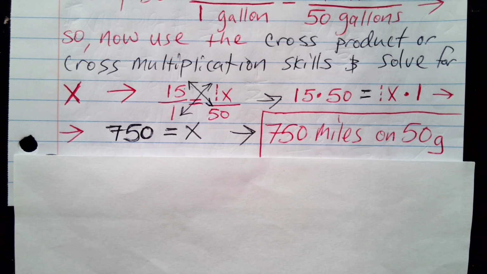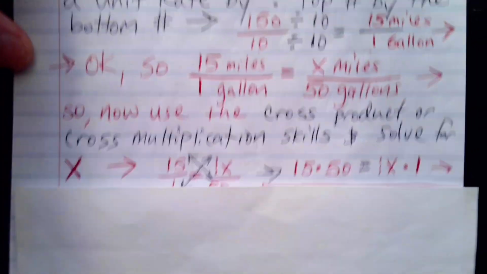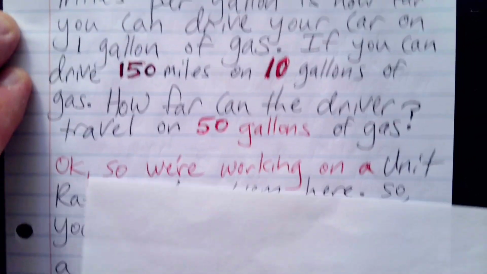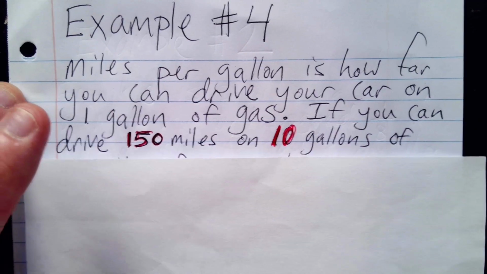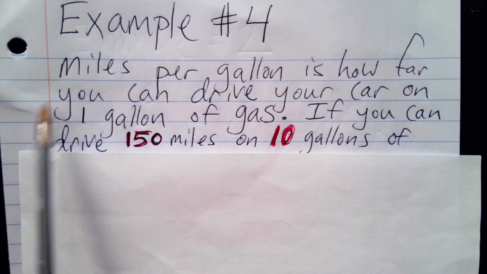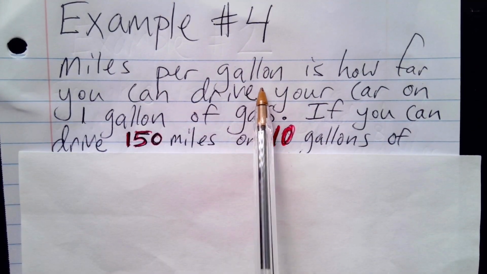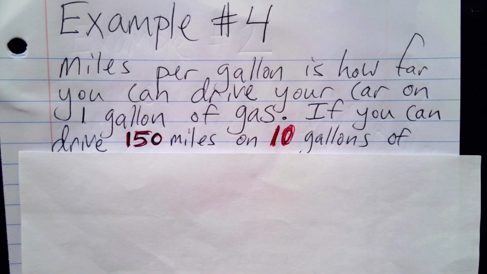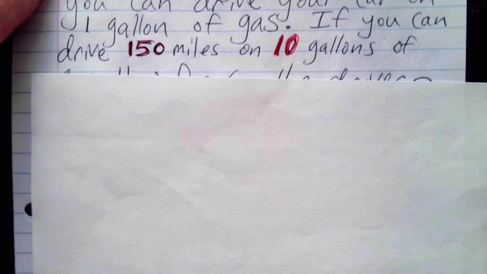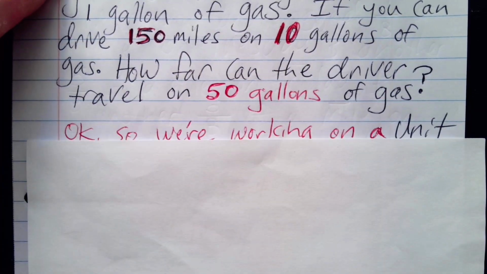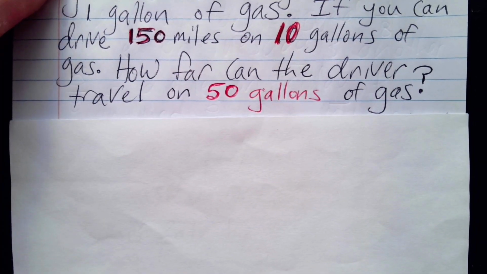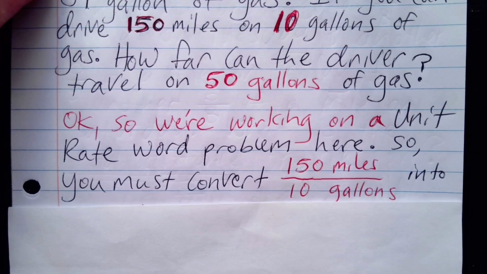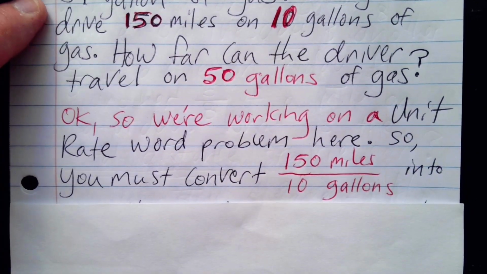Unit rate, these can be kind of tricky. So the key in understanding why it's a unit rate is we come back up here to the question, and it says here, miles per gallon. So how many miles per 1 gallon? 1 gallon, that tells me it's a unit rate. So I took 150 divided by 10.